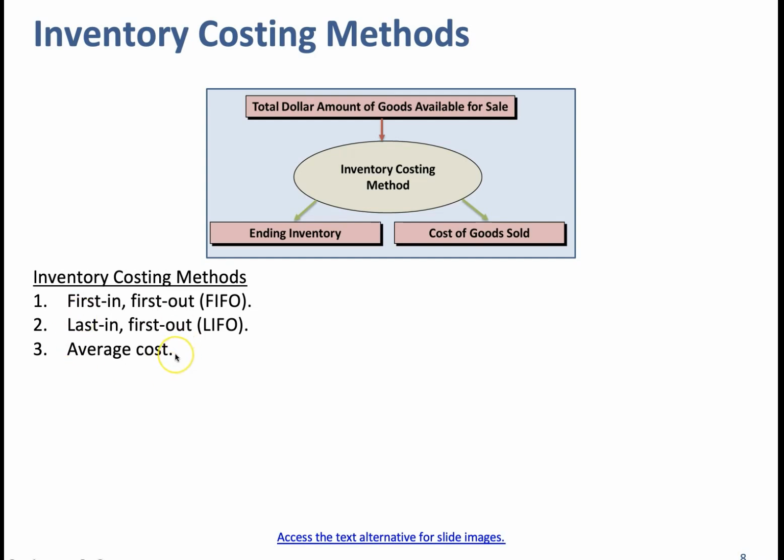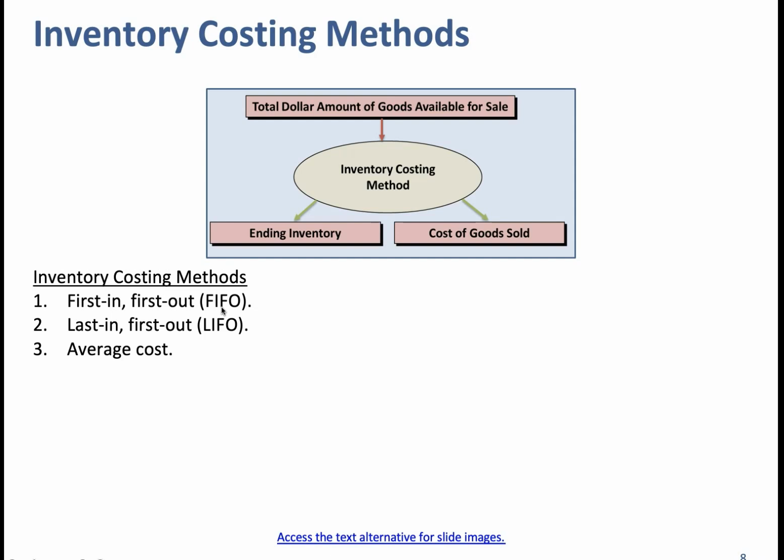All these 3 different methods basically assume some form of flow of our inventory. For example, first in, first out assumes that whatever inventory we got first, we are going to sell first. Now you can imagine what type of inventory is sold this way, right? If you are selling milk, you want to sell the first milk you get in, and then move to the later orders because it's perishable goods.